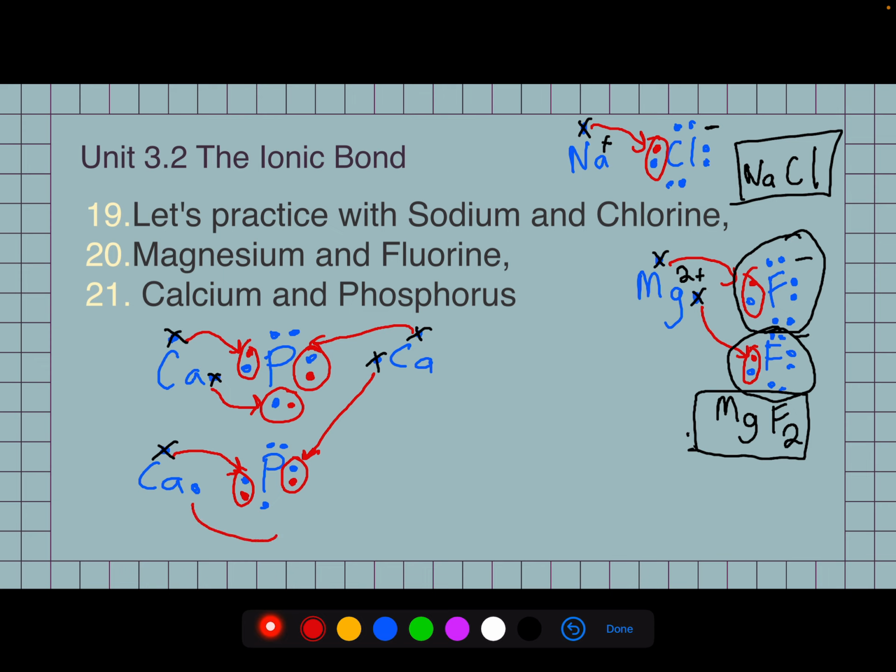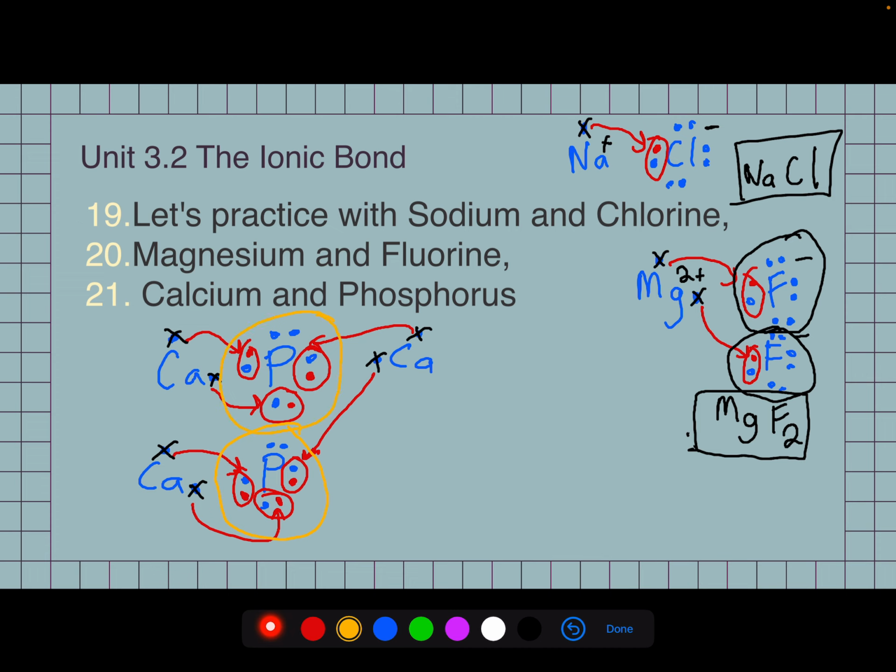And we have this one over here, makes a bond, and now that's gone. So now all of our calciums are gone. They have no more valence electrons. And all of our phosphoruses have a full 8. So that means we are now finished.